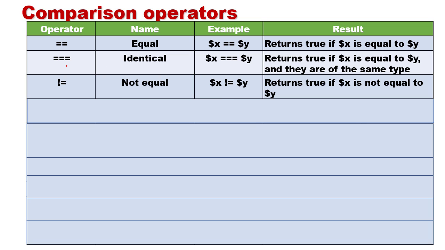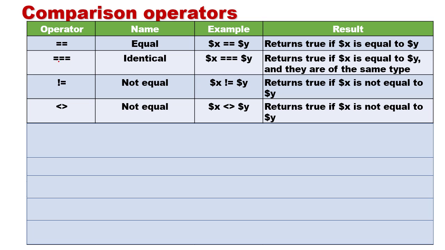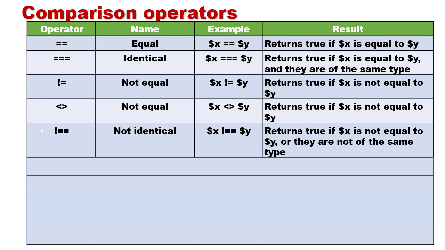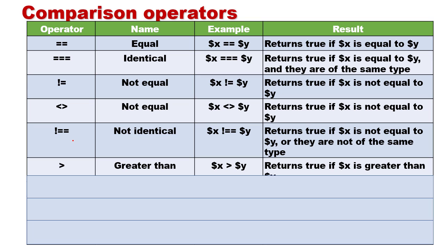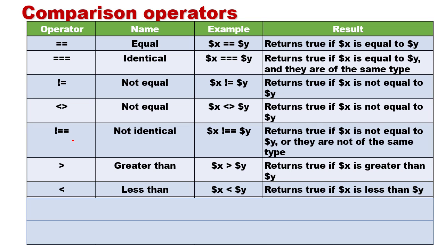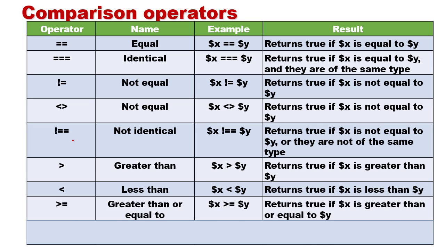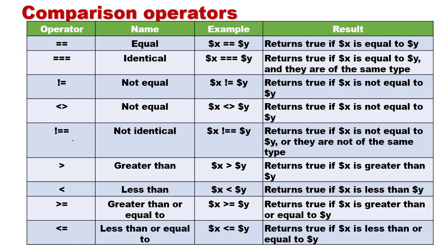Then next is not equals, denoted by this symbol. Then not identical is represented by this. Then this is the greater than symbol if x is greater than y, the less than symbol, then less than or equals to. So these are all the comparison operators.